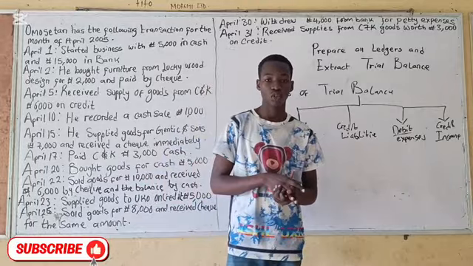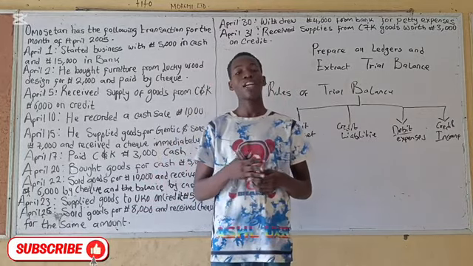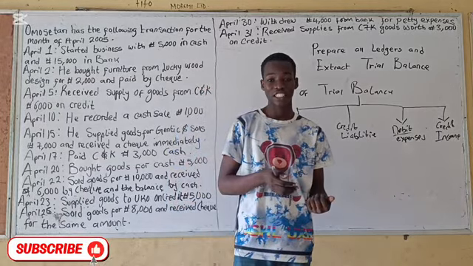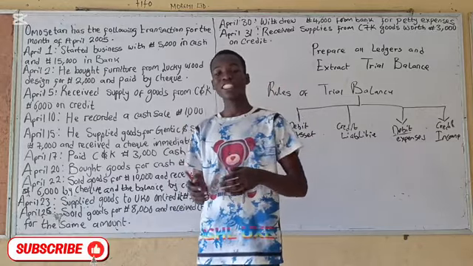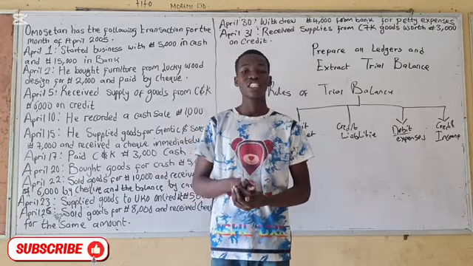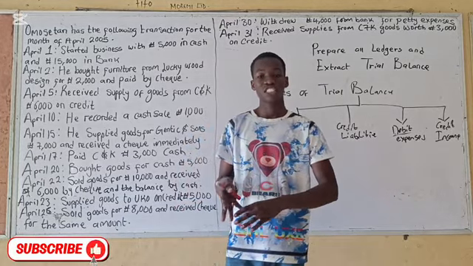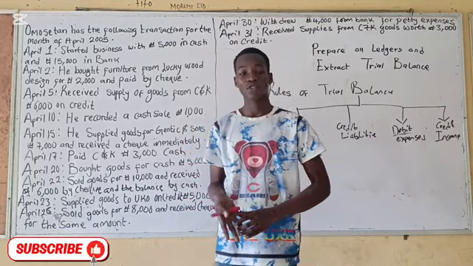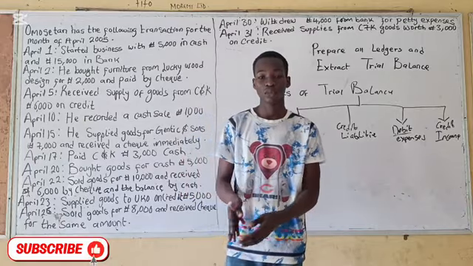That is one. Number two, trial balance is extracted from the ledger, right? It's extracted from the ledger and is used in preparing the final account, while the balance sheet is prepared after the preparation of the final account, which is the trading profit and loss account.